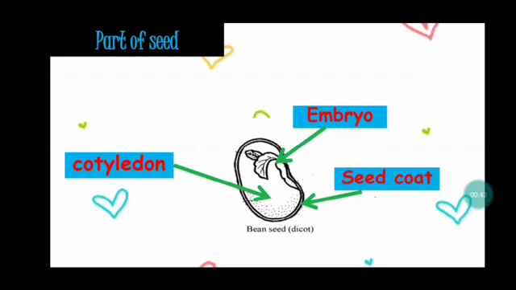So this is embryo, calon individu baru. The embryo will be a new plant. So I repeat once more, the parts of seed are cotyledon, seed coat, and embryo. Why have we discussed this, teacher?